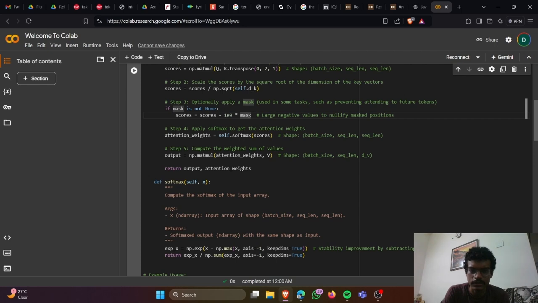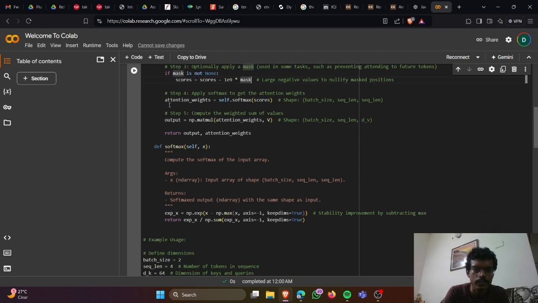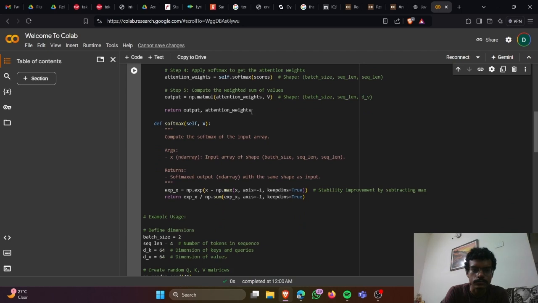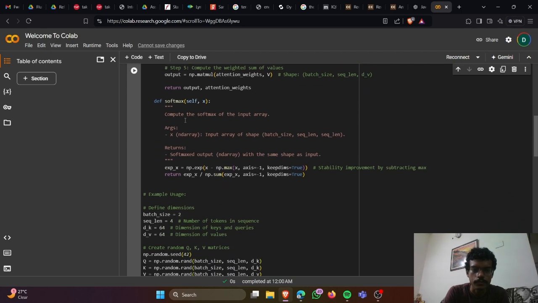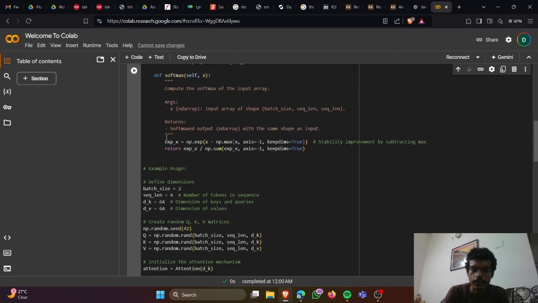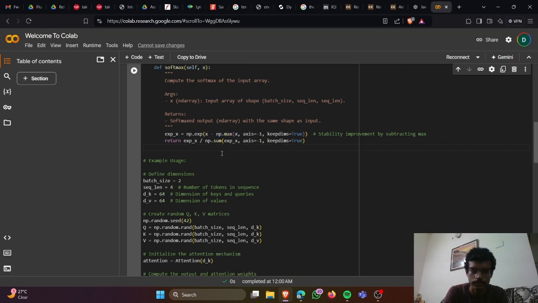So you will just nullify them, and after using softmax, this value will approach 0. Here I have applied softmax, and this will improve stability because the values will not get too big. Values will start from 0, so it will be easy.